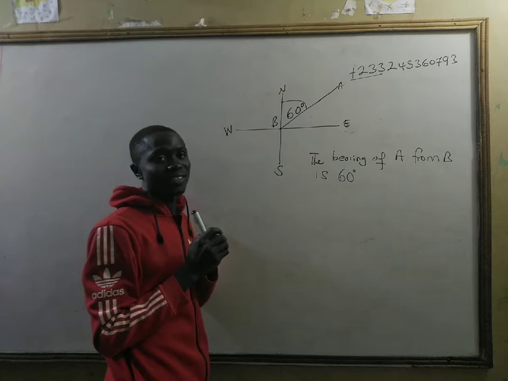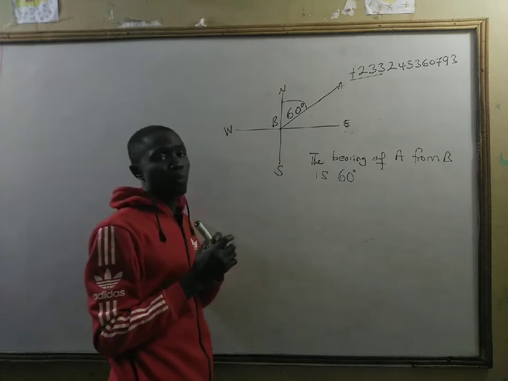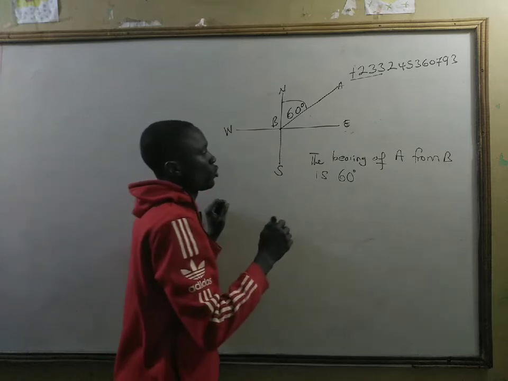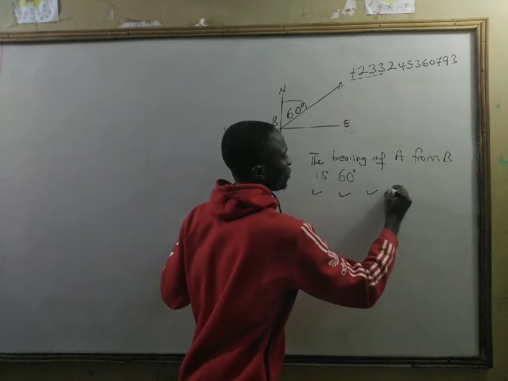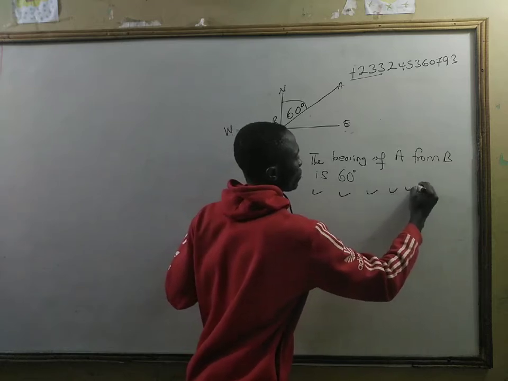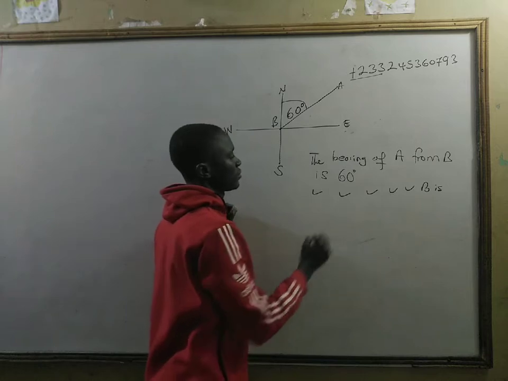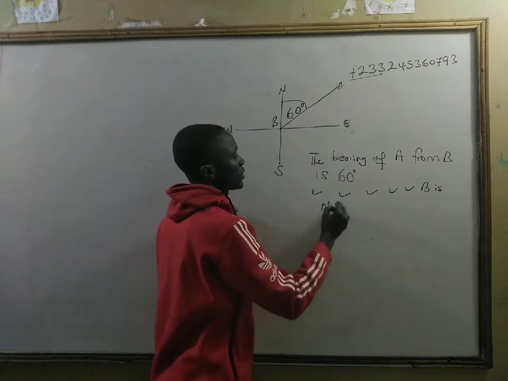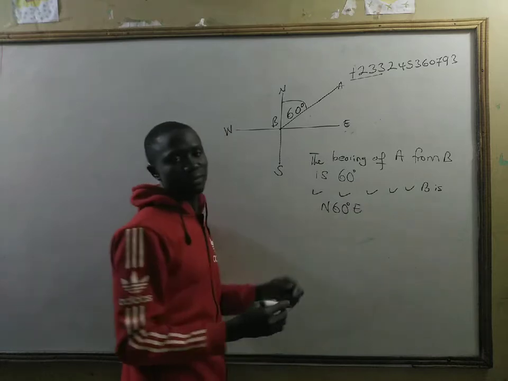Wow, that is simple. And for the compass bearing, we also see that the bearing of A from B is 60 degrees east.